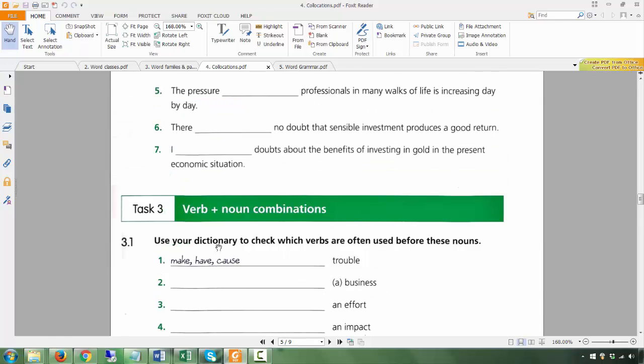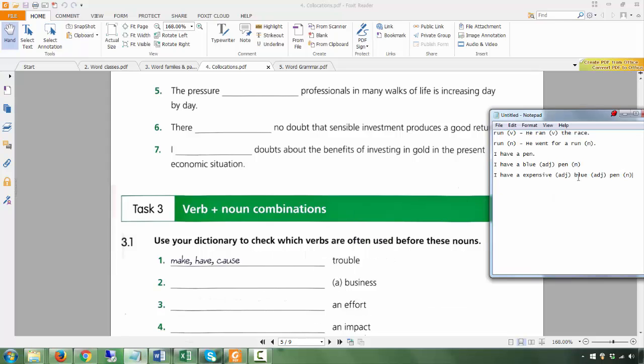Let me just state something here, as you may be wondering, why in the world do we need to know collocations? This is the reason. Say, for example, you want to use the word homework, which is a noun, and you probably need to use a verb before it.